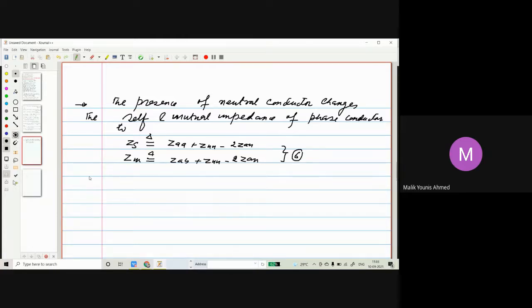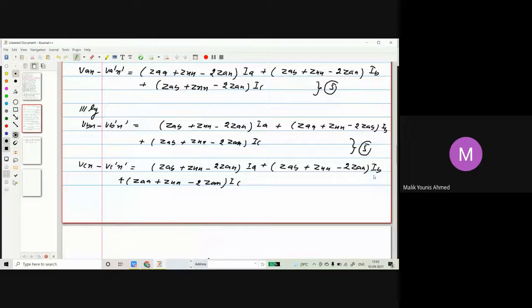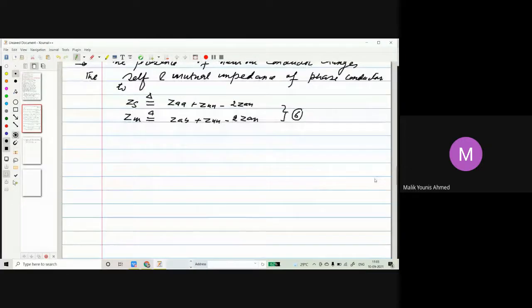Now let's write set of equation 5. This all is a set of equation 5. Okay. So set of equation 5 can be written in a matrix form, writing equation 5 in matrix form.